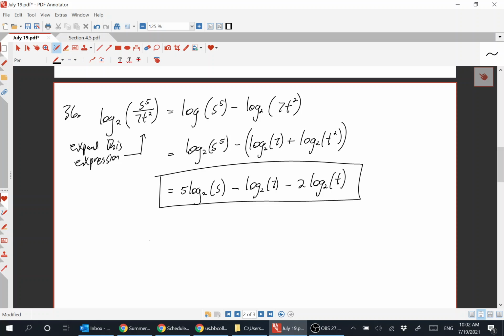Number 37, similar sort of problem. Log base 3 of, so again, expand.